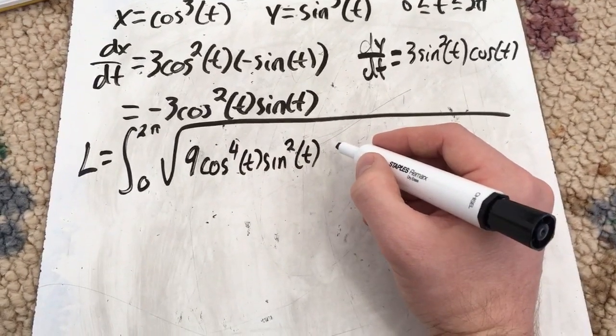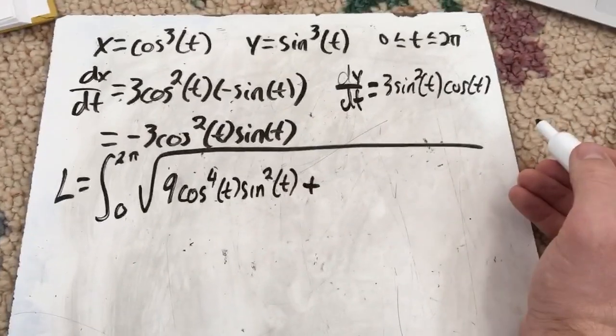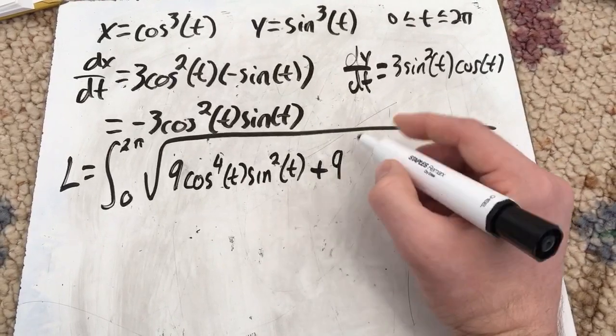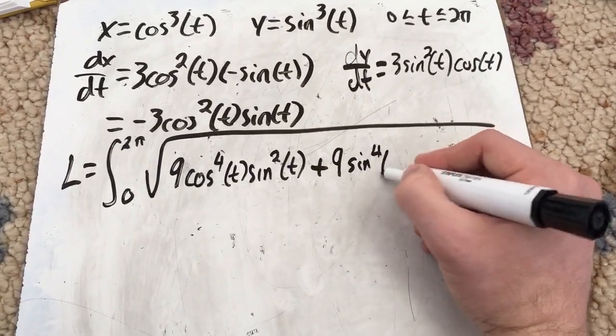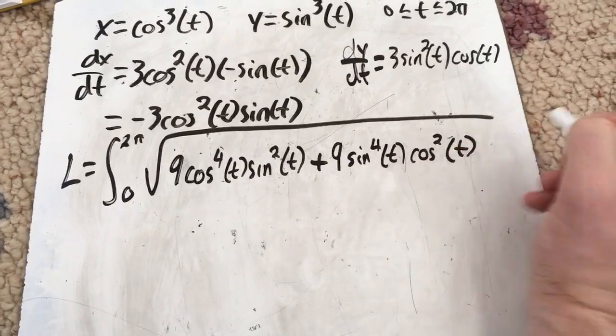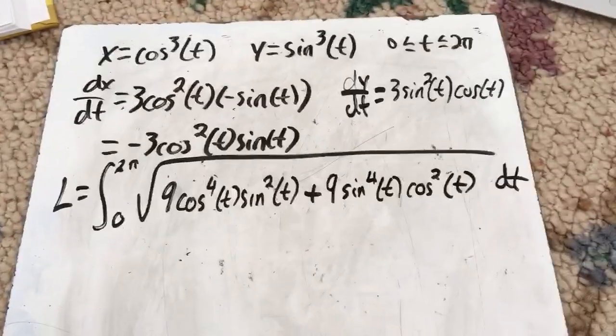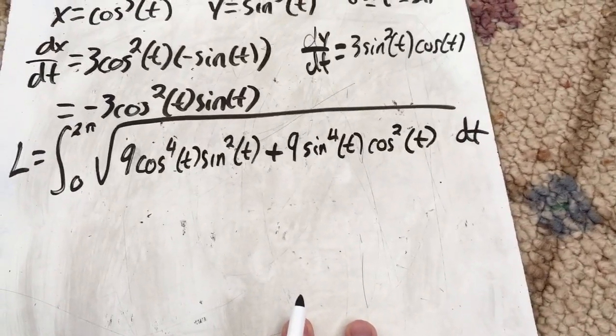And we're going to add to it, plus (dy/dt) squared, that gives us 9 sine to the 4th of t cosine squared of t after we square it all, and then dt. So we got to be a little clever here.